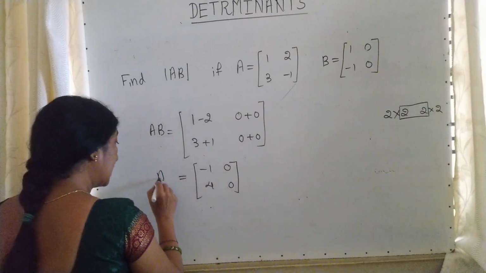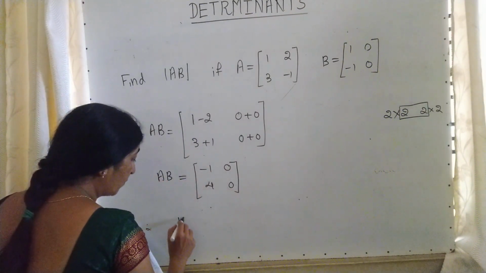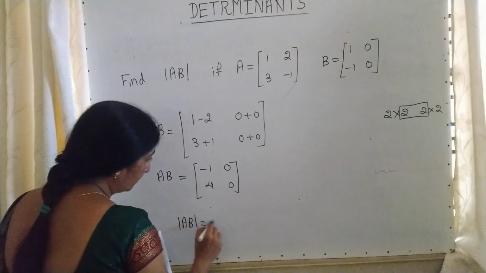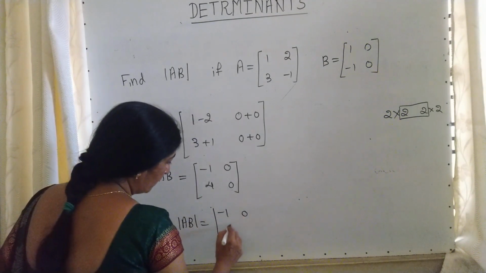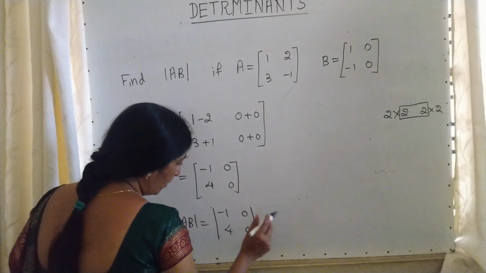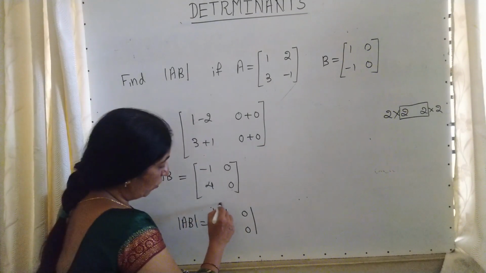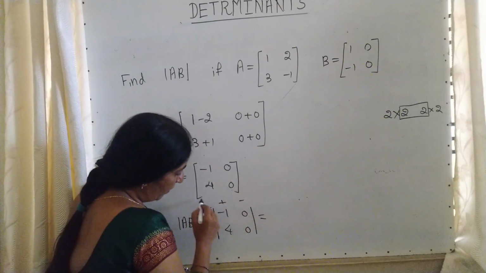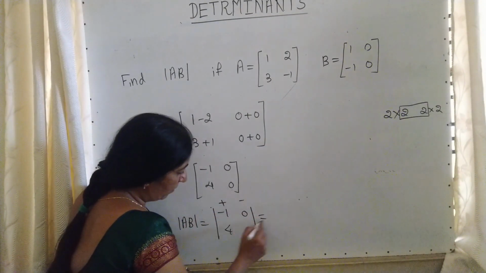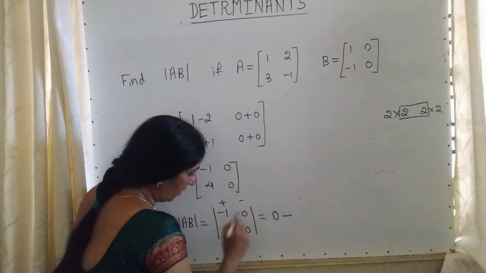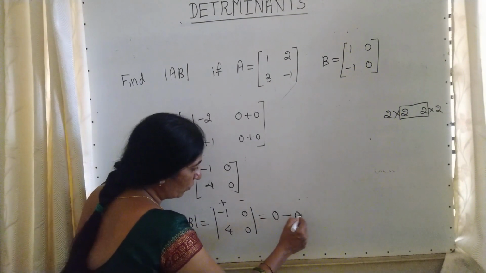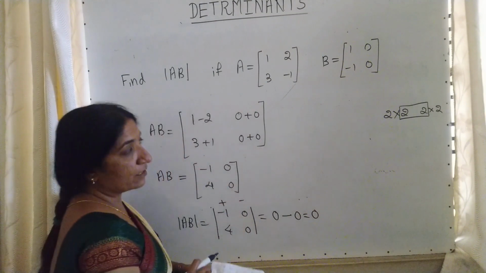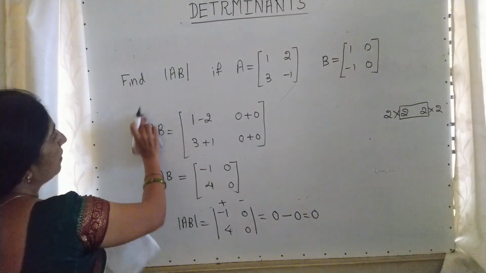Now it is AB, but we want the determinant of AB. Yes. Now, you have the pencil, no? On the top, plus minus. From left top to right bottom, minus 1 into 0 is 0. Middle minus, multiplication of these two is also 0. Finally our answer is 0. So like this we are solving.